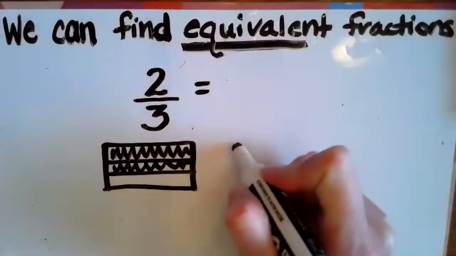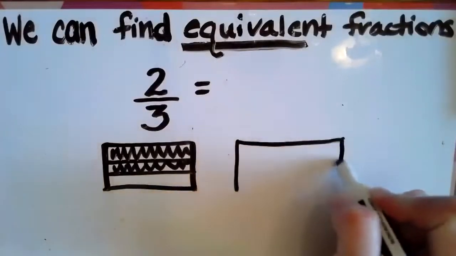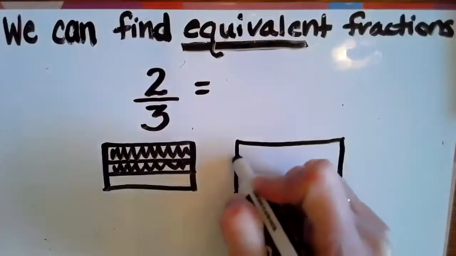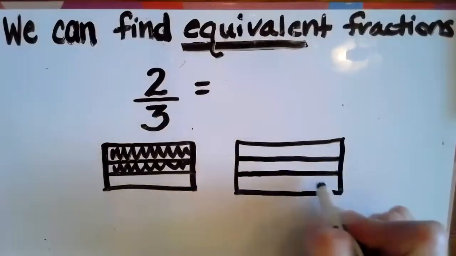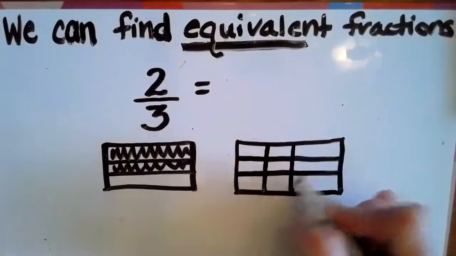One way that we can do that is by drawing another area model. This time I'm going to split it into 12ths. So I'm going to do my thirds first. I know that 3 times 4 is 12, so I need 4 parts going this way.